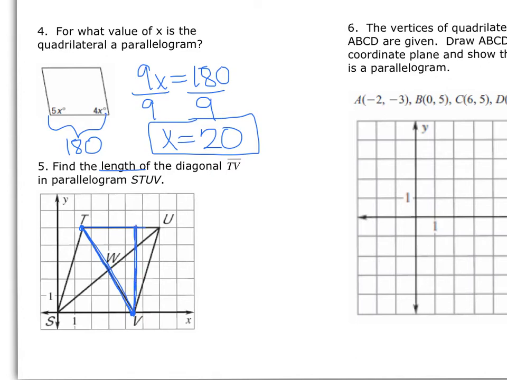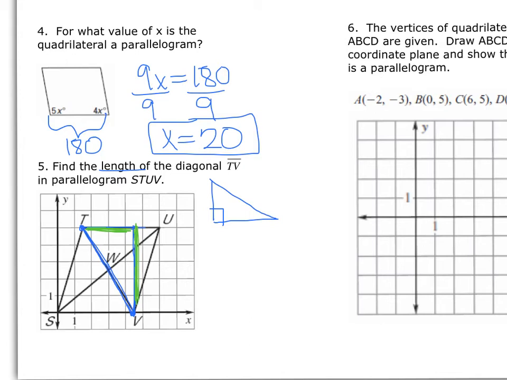So remember, to find length, we're going to use the Pythagorean Theorem. What allows us to do that, again, is that the graph gives us perpendicular lines here. And so we can create a right angle using perpendicular lines, and then we can use the diagonal here as our hypotenuse.